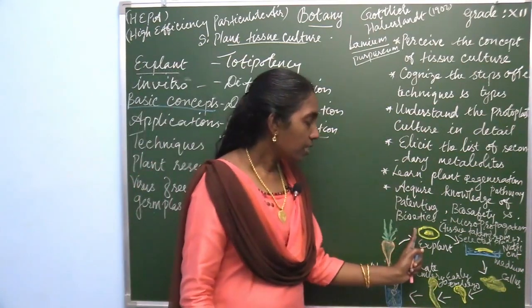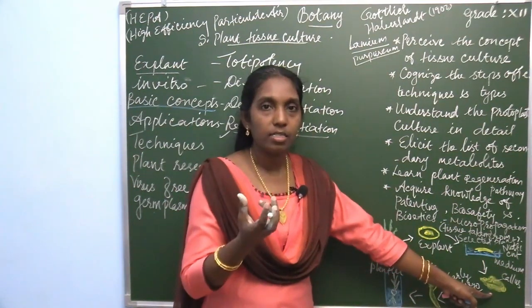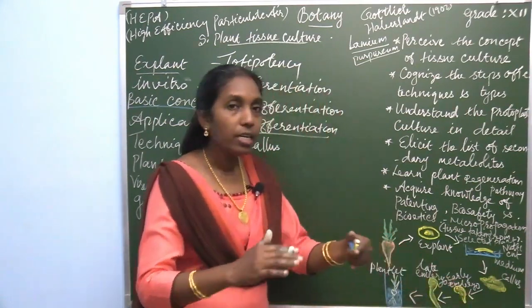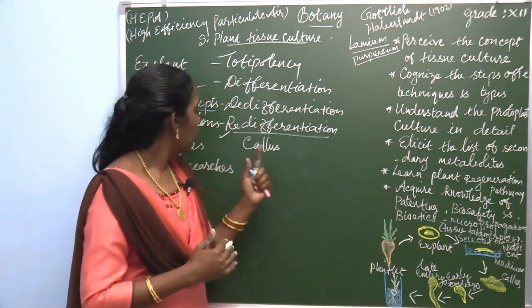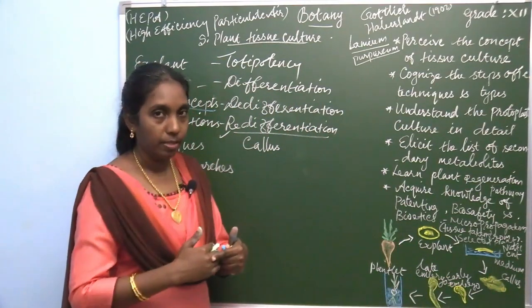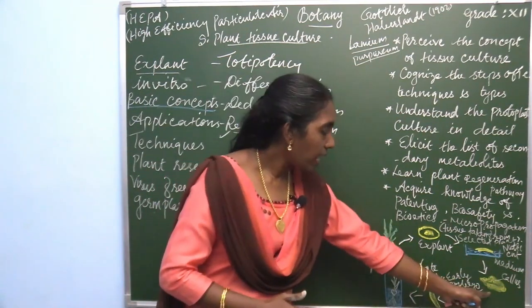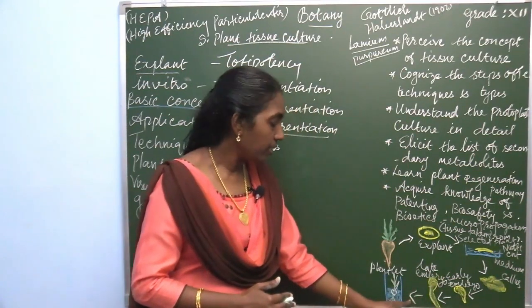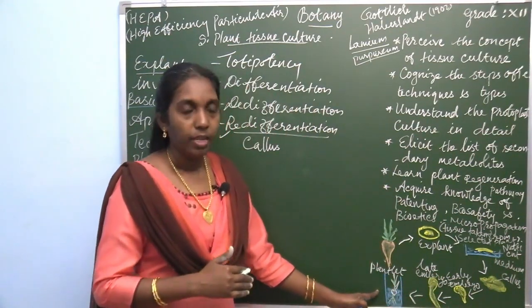Now from the single cell, callus is developed. Callus is the meristematic tissue. This meristematic tissue undergoes a number of changes. In this process, the callus becomes an embryo, early embryo stage, then late embryo stage, and finally it produces a plantlet.